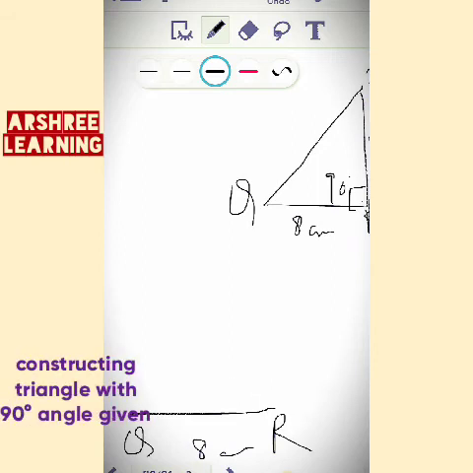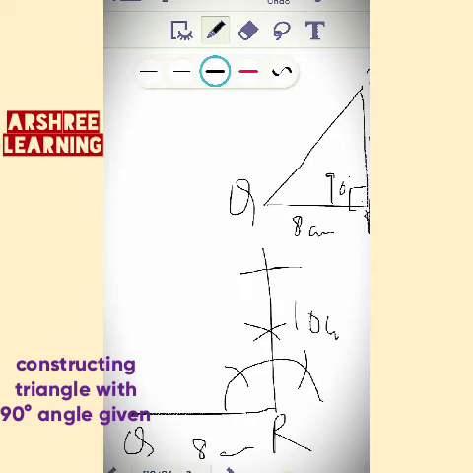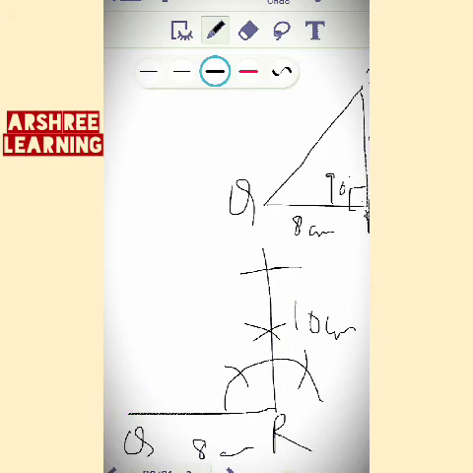All the angles have to be made with the help of compass. So you mark this arc, construct a 90-degree angle. When you construct this 90, cut 10 centimeter, and this point will become point P.